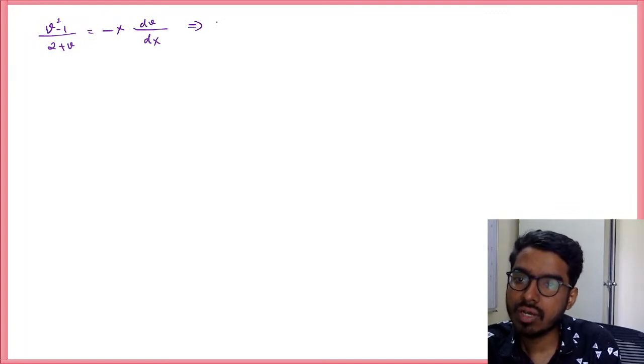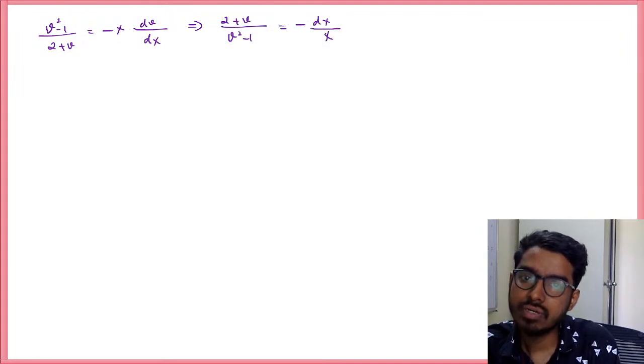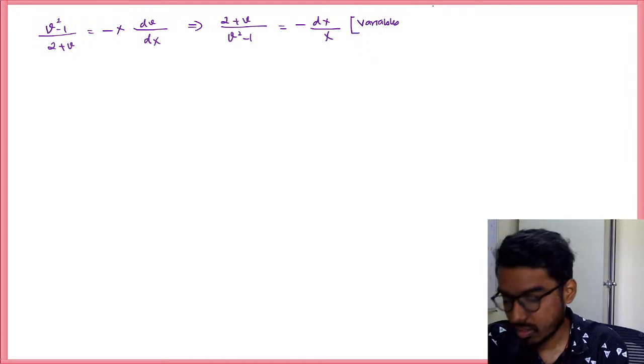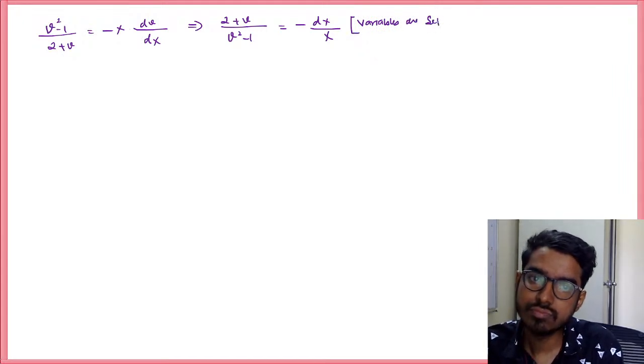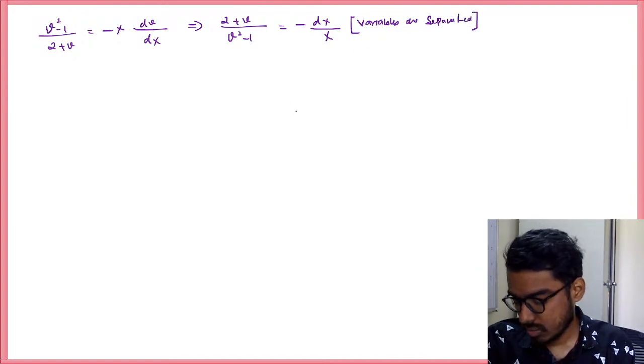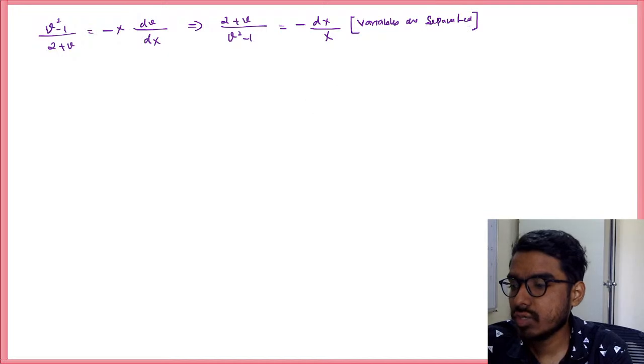Separate the variables. You will have 2 plus V divided by V square minus 1 is equal to minus dX by X. Variables are separated. That's it. From now on, you can do it very easily.